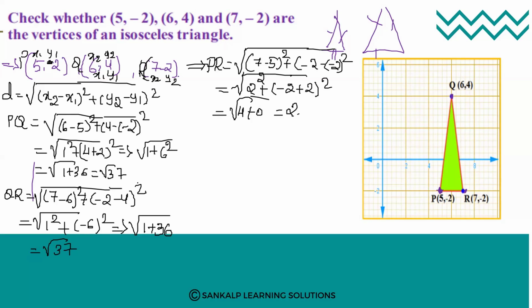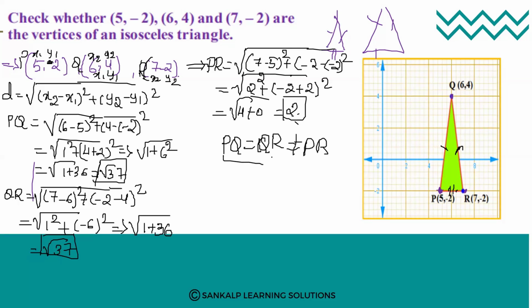So observe carefully. PQ value is root 37 and QR value is root 37. But PR value is 2. That means here two sides are equal. Which sides are equal? PQ and QR are equal, but PR is not equal. Therefore, PQ is equal to QR is not equal to PR.